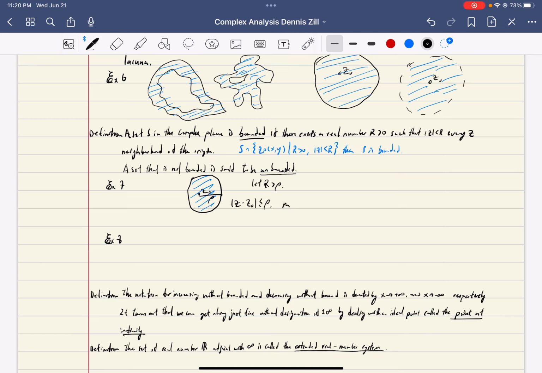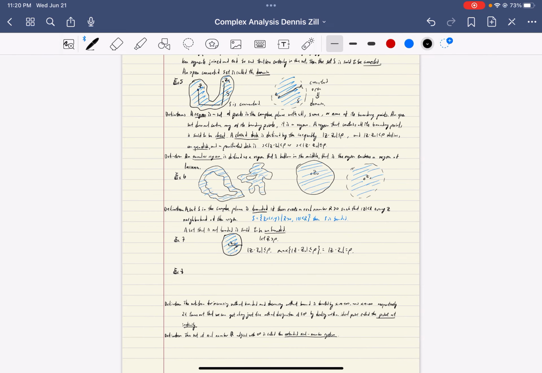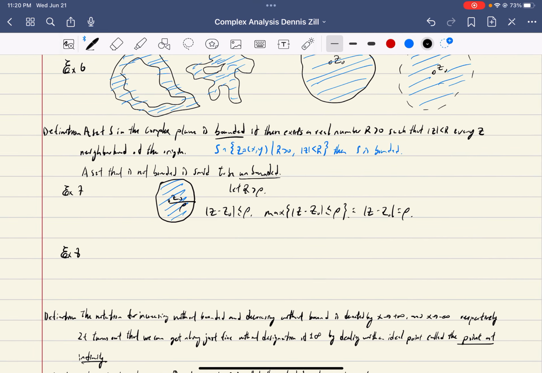So if we take the maximum value of this inequality, of this set, that is equal to the points such that ρ is maximized, that is, the modulus is equal to ρ.